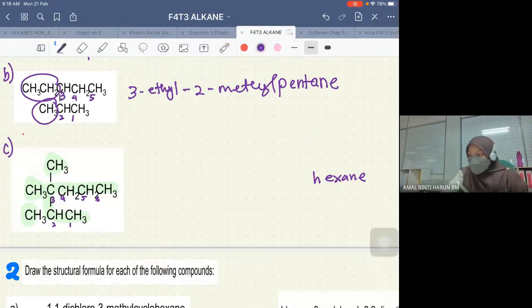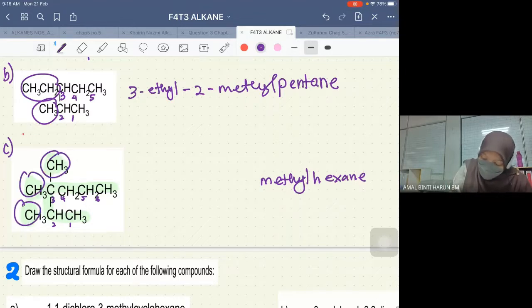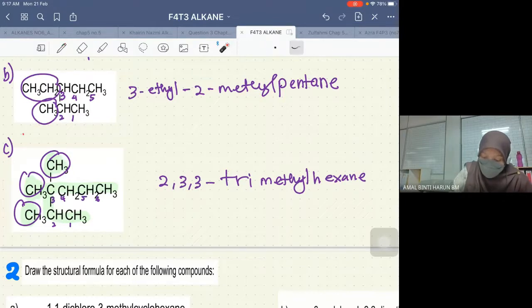So 2-methyl, we have methyl. All the substituents are methyl. So the prefix will be methyl. But how many methyl? It's 3 methyl. 1, 2, 3. So it will be trimethyl. Where is the location of the 3 methyl? 2, 3, 3. So the number is representing the location of substituent.